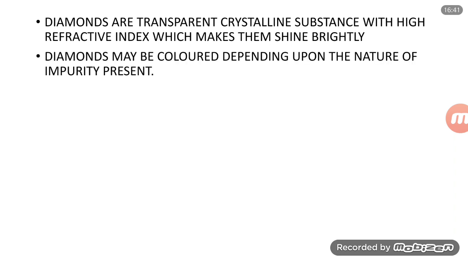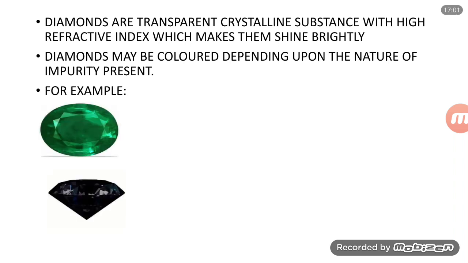Diamonds may be colored, depending on the nature of impurity present. So, what do you understand by this statement? If diamonds are colored, it means that there are impurities present in them. A pure diamond will always be transparent. For example, emerald diamonds and black diamonds.